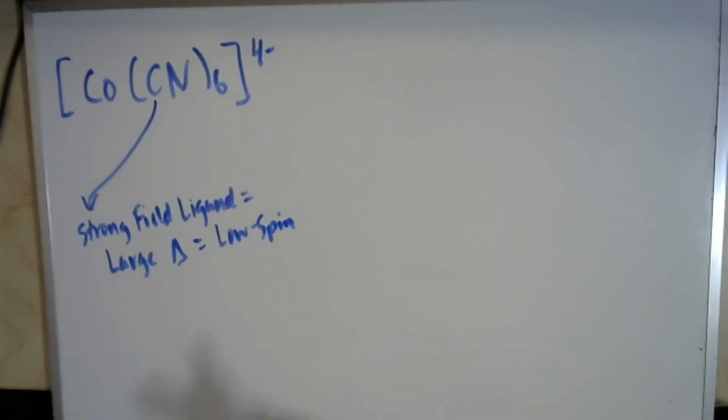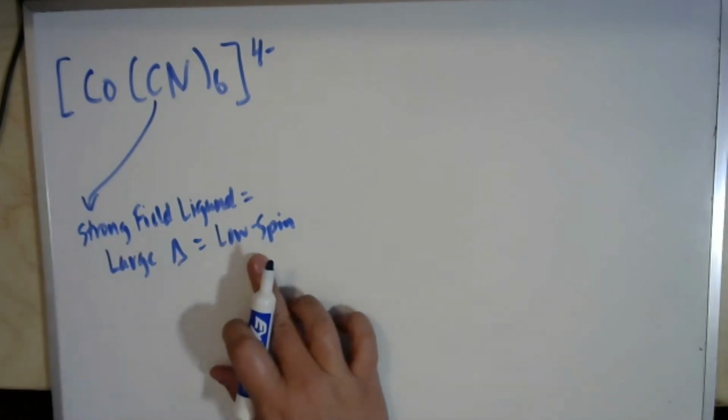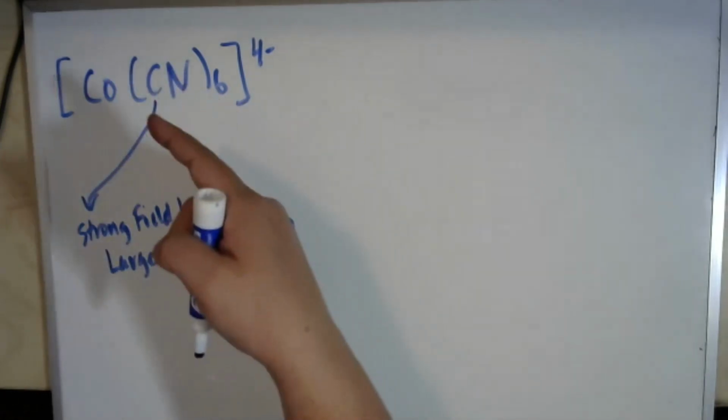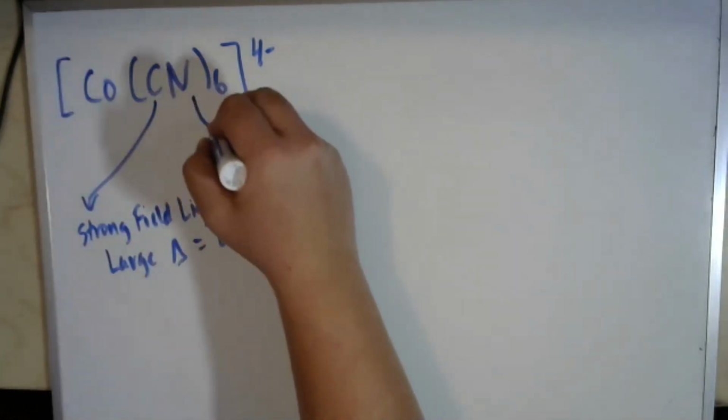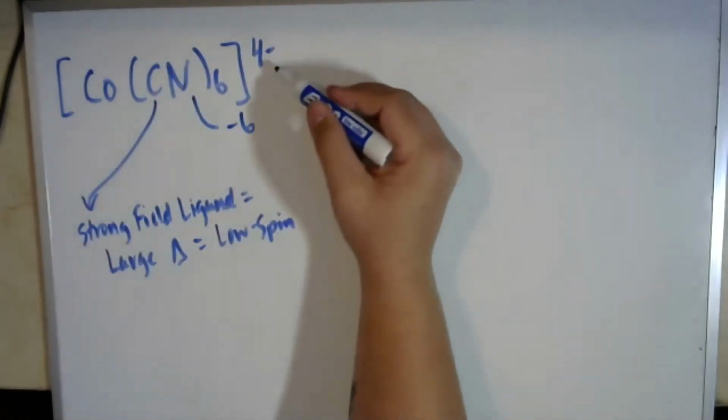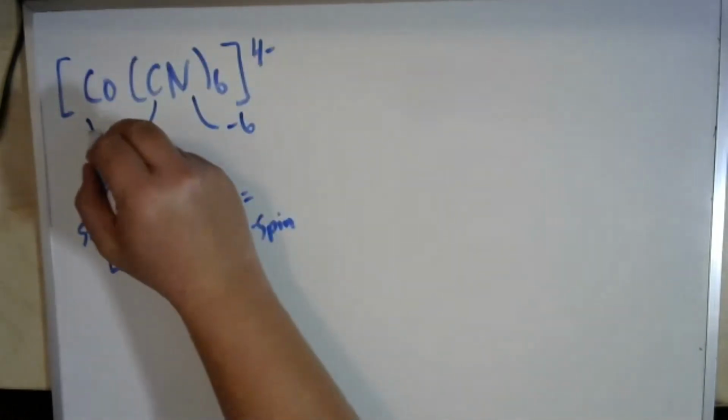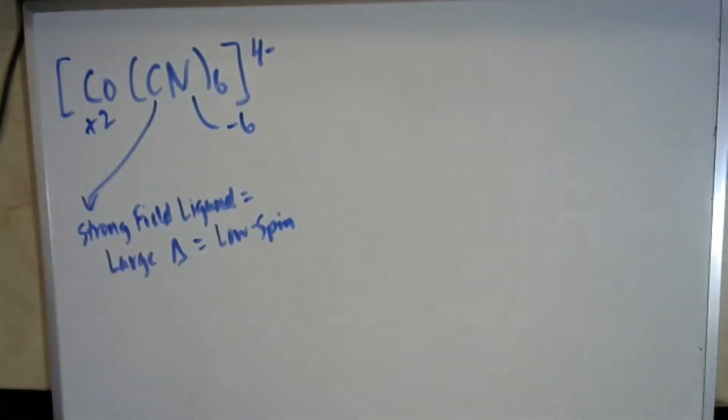Sometimes there are too few electrons or too many electrons, and the electrons are forced into a certain orientation. Okay, but if it has a choice, it's going to choose a low spin complex. As far as the charge, we have a -6 total from the 6 cyanides, an overall charge of -4. That means our cobalt is going to be +2.